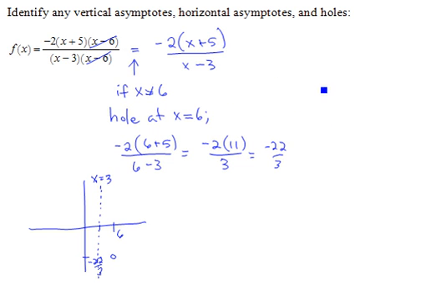And let's see, horizontal asymptotes are found by looking for the relationship between the leading term, or the highest power of x, in the numerator and denominator. If we have our original expression negative 2 times quantity x plus 5 times x minus 6, all divided by x minus 3 times x minus 6, that behaves like negative 2, let's see, we'll have an x squared over an x times x, or just an x squared, as the absolute value of x tends towards infinity.